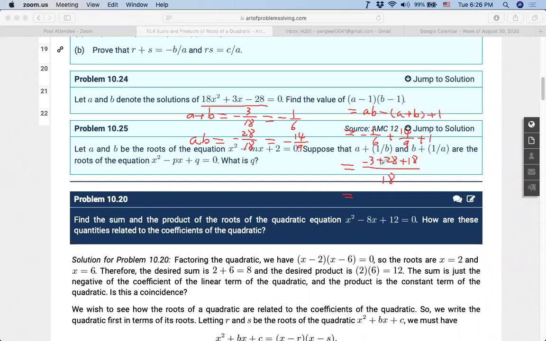So that's 43 over 18. Did I do something wrong? So 18, oh yes, this one's correct. Negative 1 over 6, plus 14 over 9, and plus 1. Yeah, so then we get that this equals 15 plus 28, yes, 43 over 18.